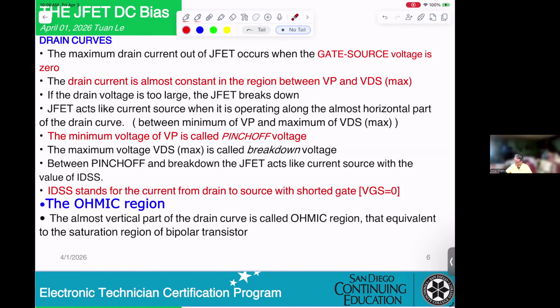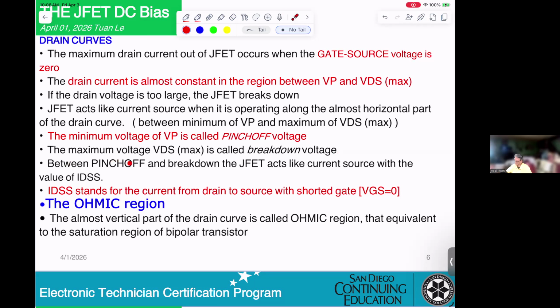That means between the minimum of VP and the maximum of VDS. The minimum voltage VP equals the pinch-off voltage. The maximum voltage VDS max equals the breakdown voltage.